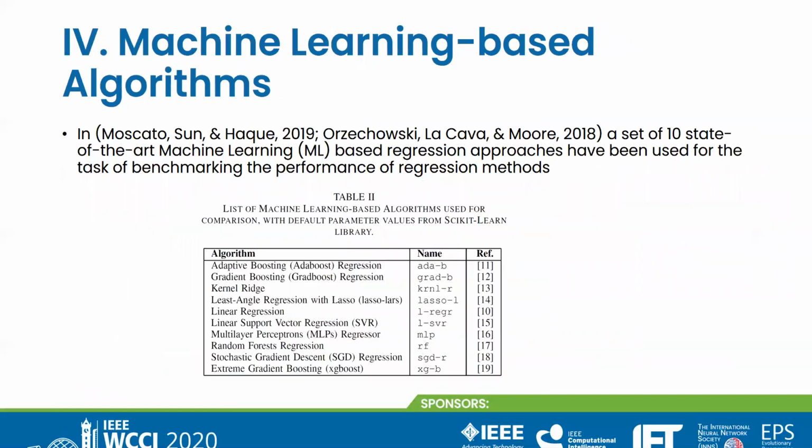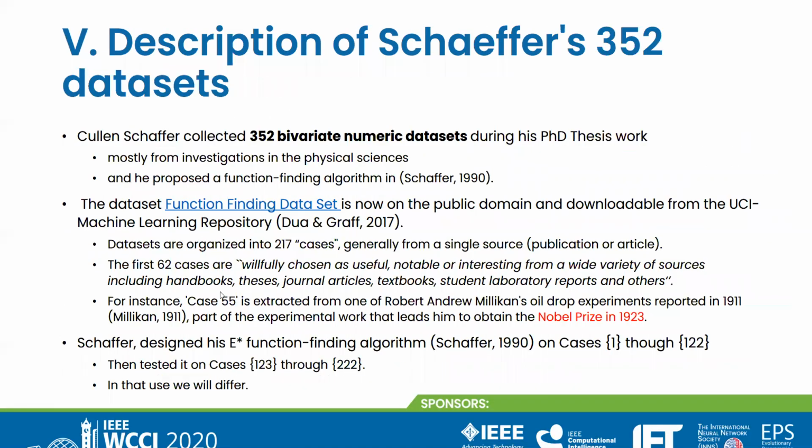We compare with several algorithms available in the Scikit-learn machine learning library, and they correspond to adaptive boosting, gradient boosting, kernel ridge, several variants of linear regression, multi-layer perceptrons, random forest regression, stochastic gradient descent, and the very famous now extreme gradient boosting approach.